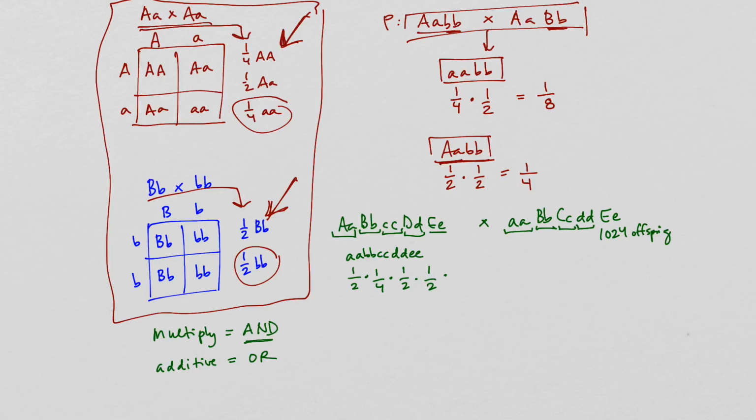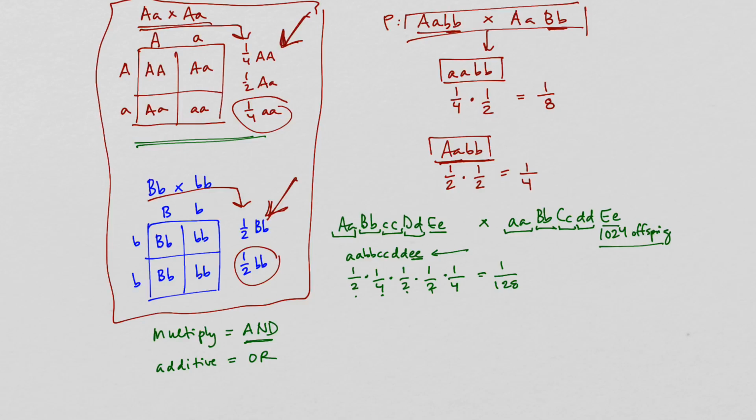And then the E cross looks like the B cross, which is this top Punnett square up here, so the probability of finding little e is 1/4. We can multiply that together. So 2 times 4 is 8, times 2 is 16, times 2 is 32, times 4 is 128. So 1 out of 128 of the 1,024 offspring will have this genotype.